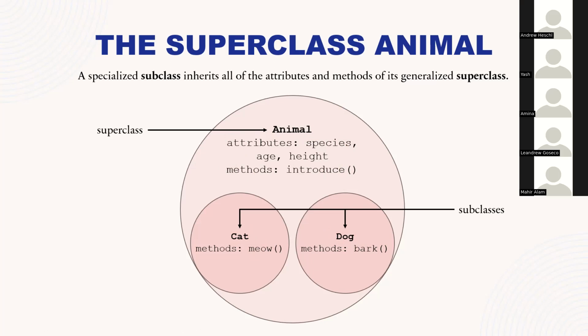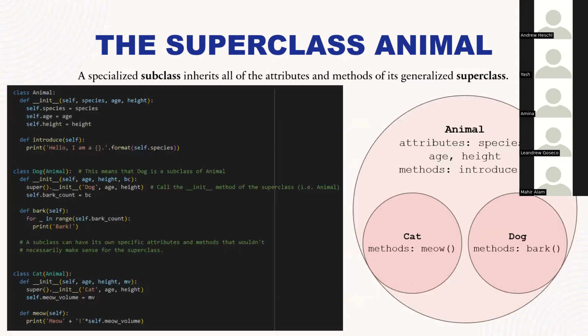All right, so this is what inheritance looks like in Python. So to declare a class as a subclass, we again use the class keyword as normal, and then following the class name, which in this case is dog, we have these parentheses along with the name of the superclass, which in this case is animal.